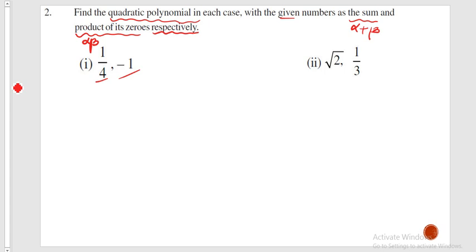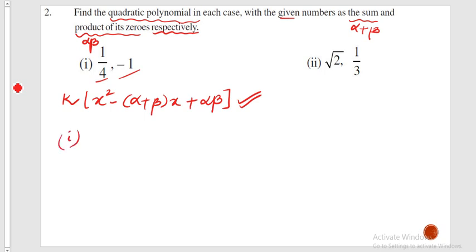To find this quadratic polynomial, what is the formula that we have? k times of x square minus of alpha plus beta into x plus alpha beta. This is the formula which we are going to use here. Now for the first question, what is alpha plus beta given?